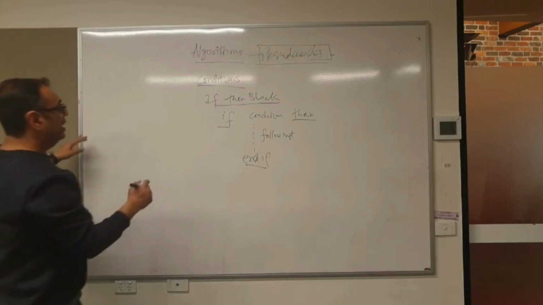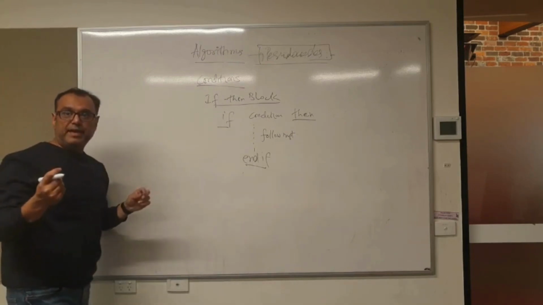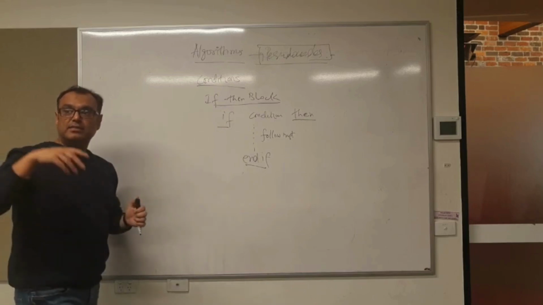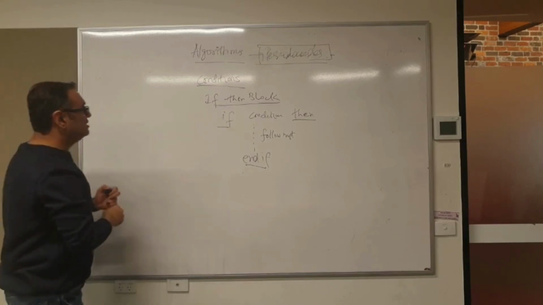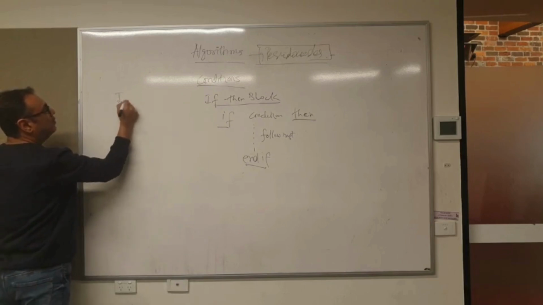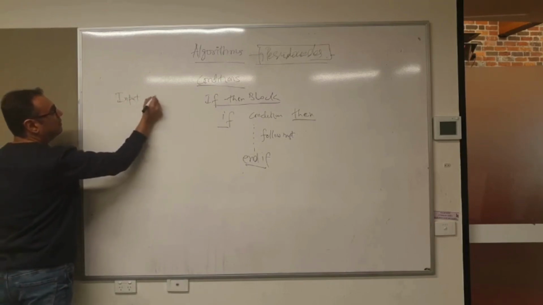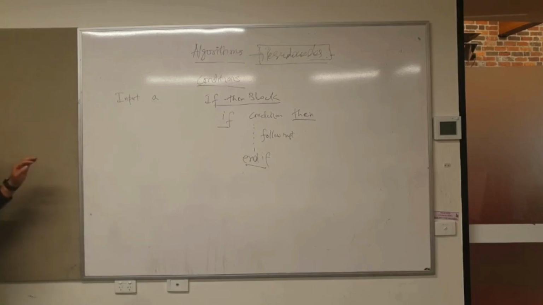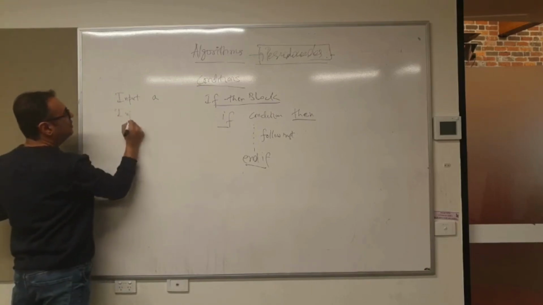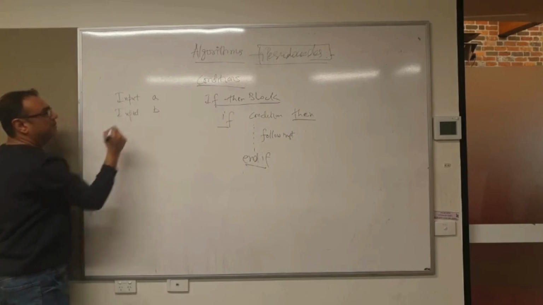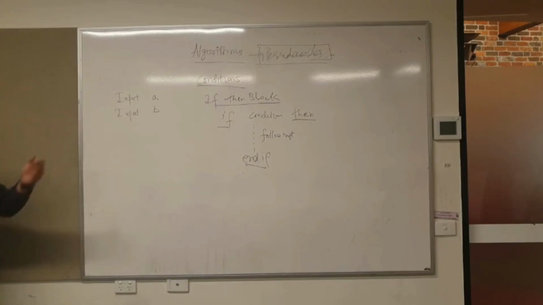if I have two numbers to compare and I want to print the greater out of the two. So for example, I can say input number A and I say input number B, variable, right?